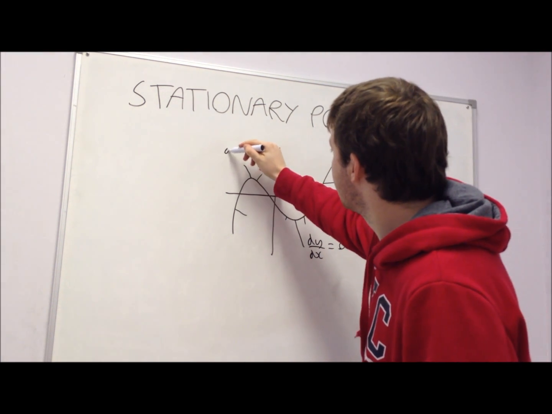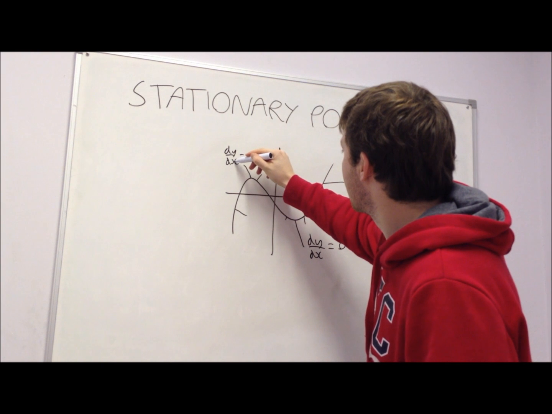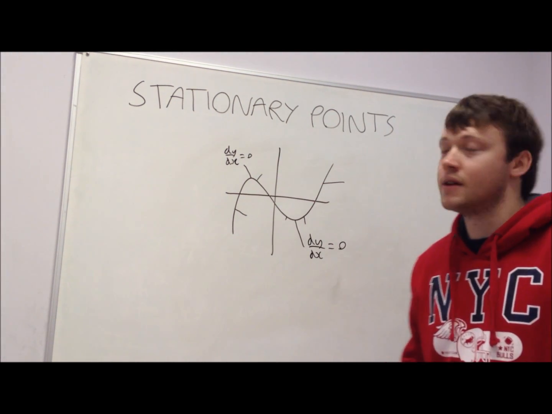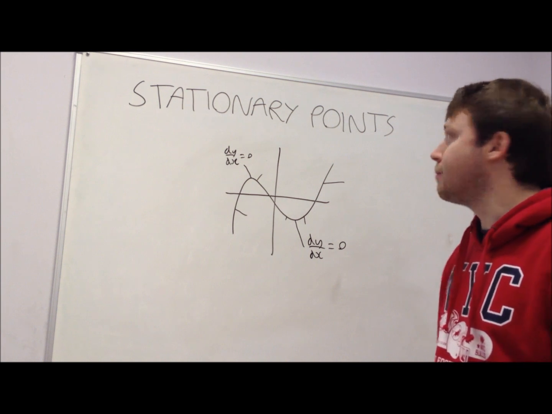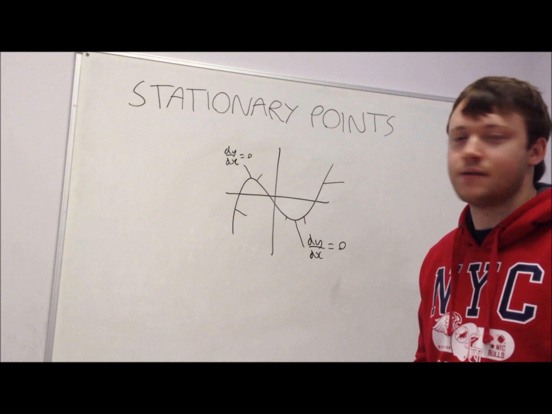Similarly up here, and basically a stationary point is just defined as any point on a curve where the gradient, or dy dx, is equal to 0.